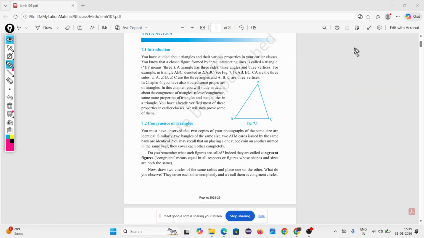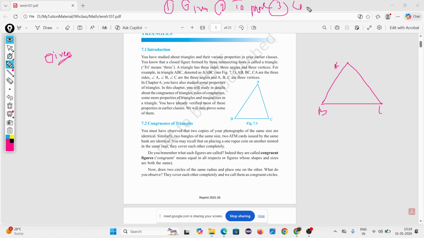Look. Suppose ABC is a triangle. What are the given things? ABC is a triangle. How many steps are there to prove? First step, given. Second step, what you are going to prove. Then third, construction. Then fourth, proof.